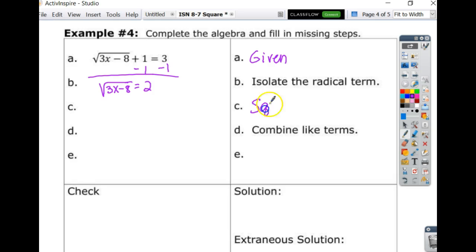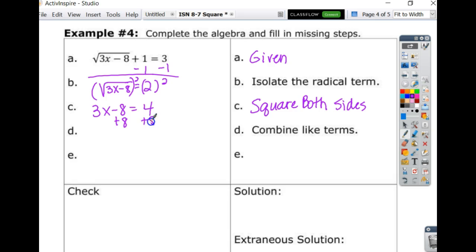You're going to square both sides. Combine like terms. And solve.